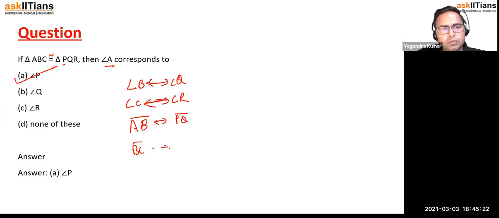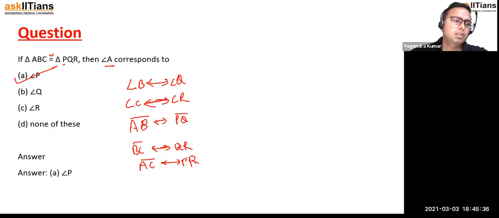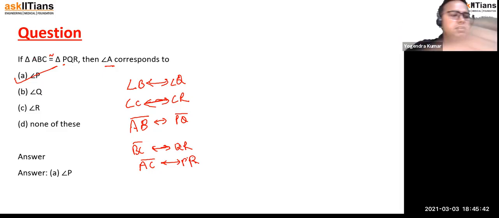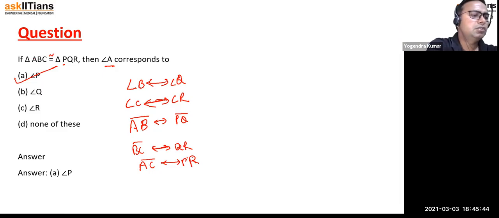BC corresponds to QR, right? And AC corresponds to PR, right? These are the things we have. So this is what you need to remember. I hope you're getting it, right? We need to make sure that we are understanding corresponding parts and all, right?